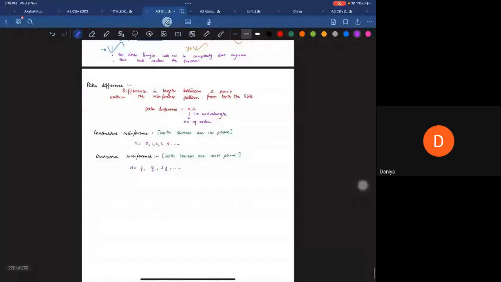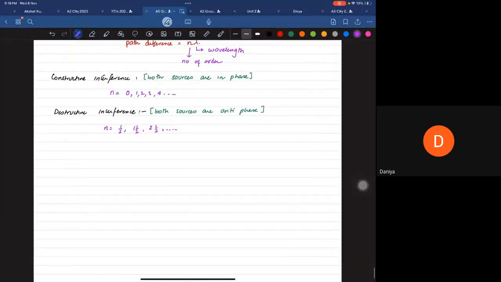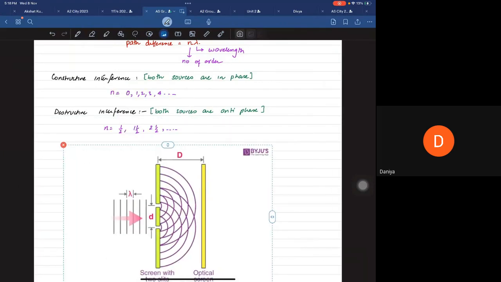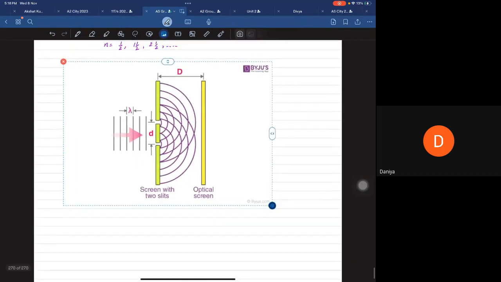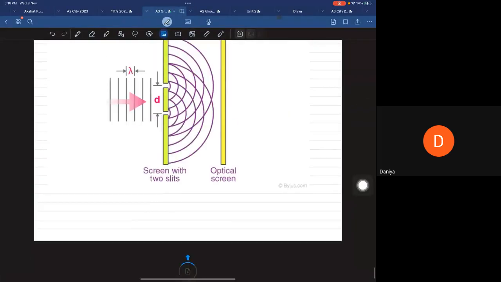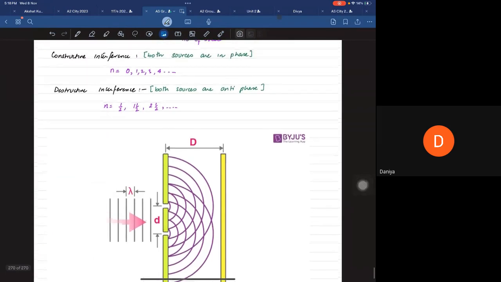Okay. Now, when the double slit interference pattern is created like this, I just want to tell you how it works, so you guys should know.